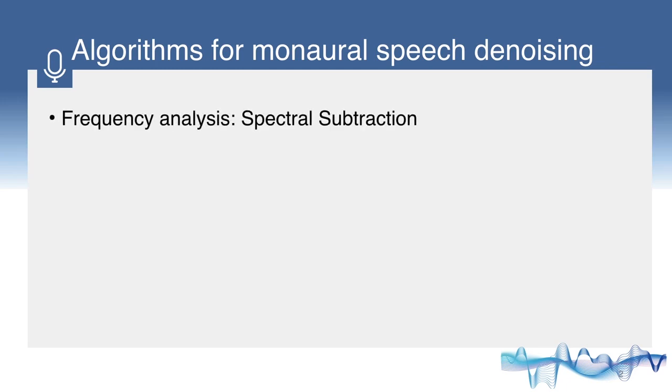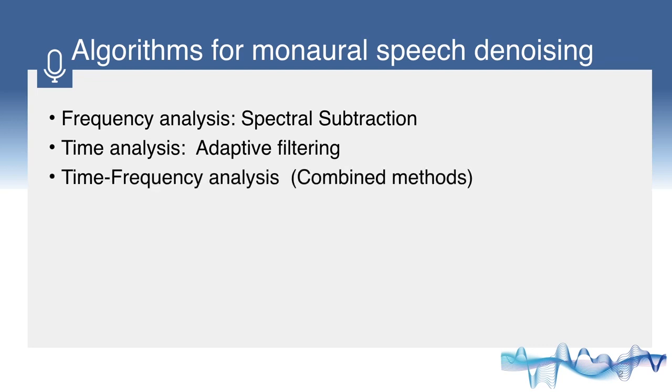Mainly in frequency domain processing, like the traditional spectral subtraction method. There are also some methods to combine time and frequency analysis. Adaptive filtering has been used for speech denoising in time domain.